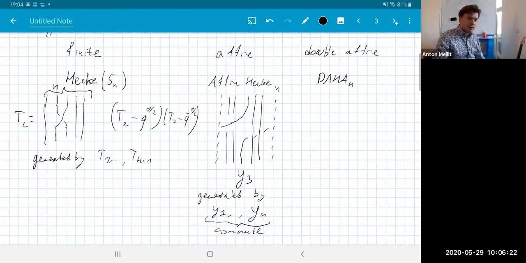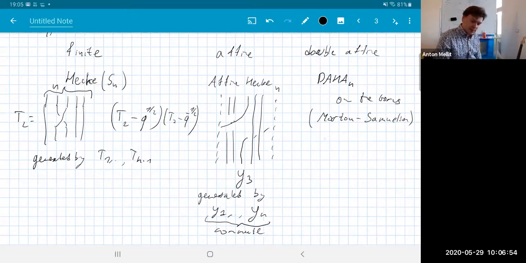Now what about double affine? You can have the same thing but on the torus. For a more precise description, I refer you to Morton and Samuelson. There is some puncture, but roughly speaking, now you can turn in two different directions.